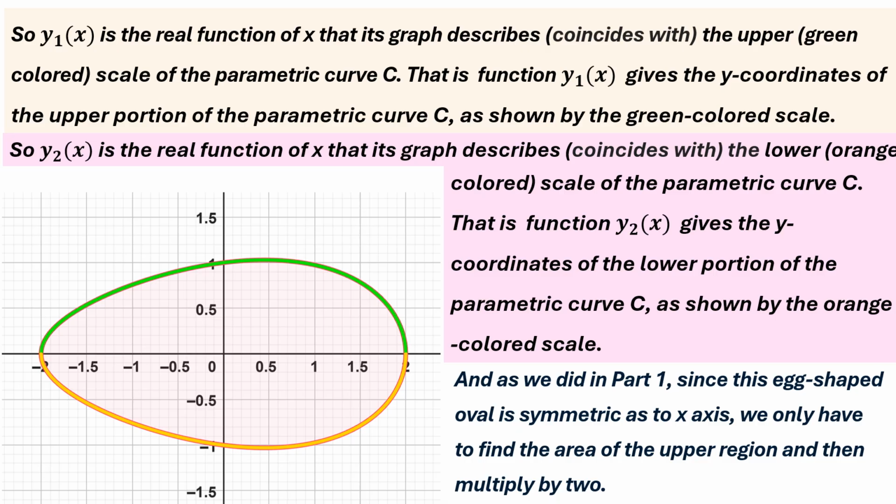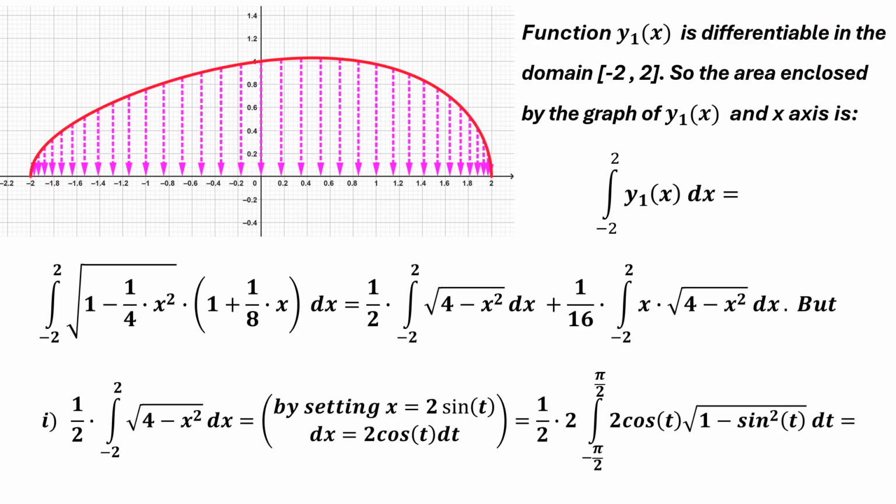And as we did in Part 1, since this egg-shaped oval is symmetric with respect to the x-axis, we only have to find the area of the upper region and then multiply by 2. Function y1 of x is differentiable in the domain -2, 2. So the area enclosed by the graph of y1 and the x-axis is given by the definite integral of y1 over the -2 to 2 domain.